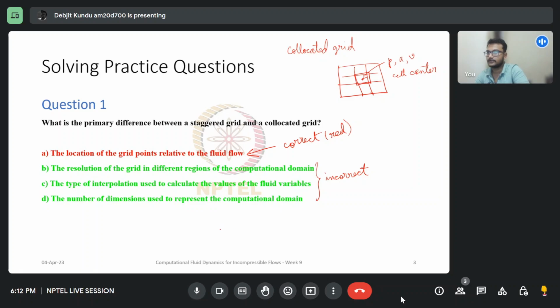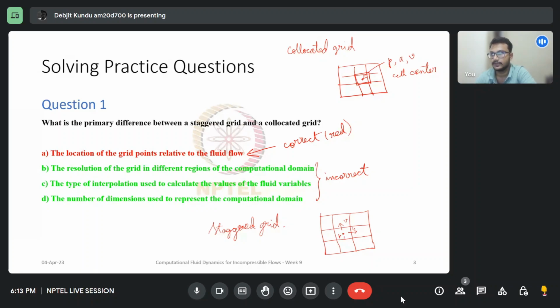Now if we have a look at a staggered grid, here the pressure once again we have in the center, but we store the u velocity in the vertical face next to it, and the v velocity in the horizontal face next to the cell center.